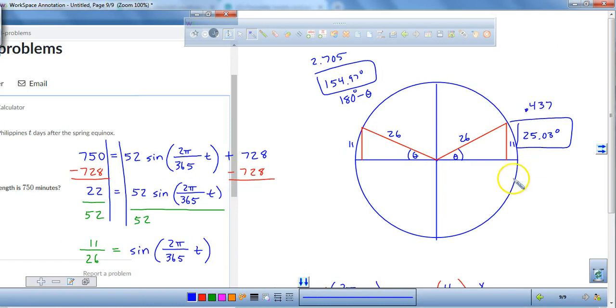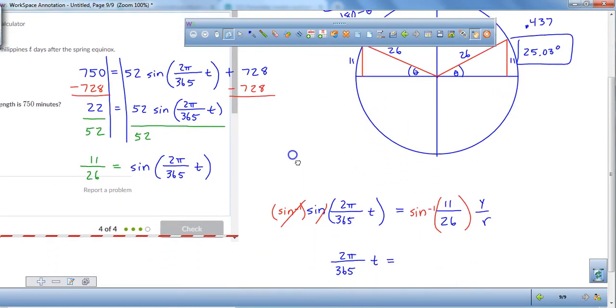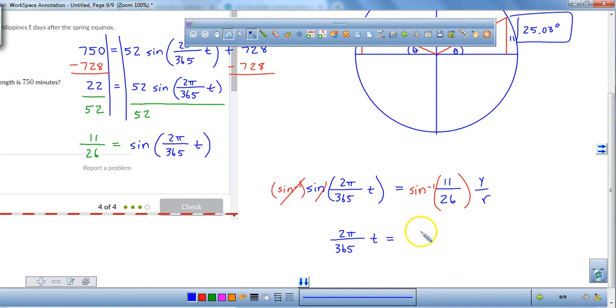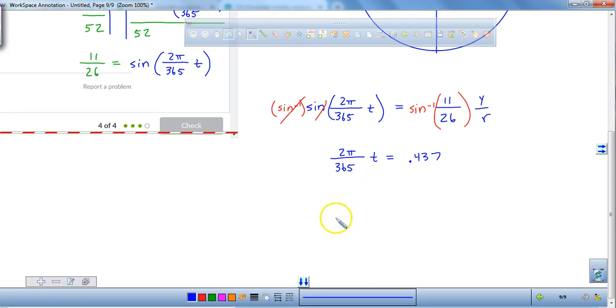0.437 radians. Okay? Now on this question, it doesn't ask us to solve for the second one, but we're just going to do it anyways. All right? So we'll put 0.437. Now, all you'd have to do to solve for t, here's the second one.